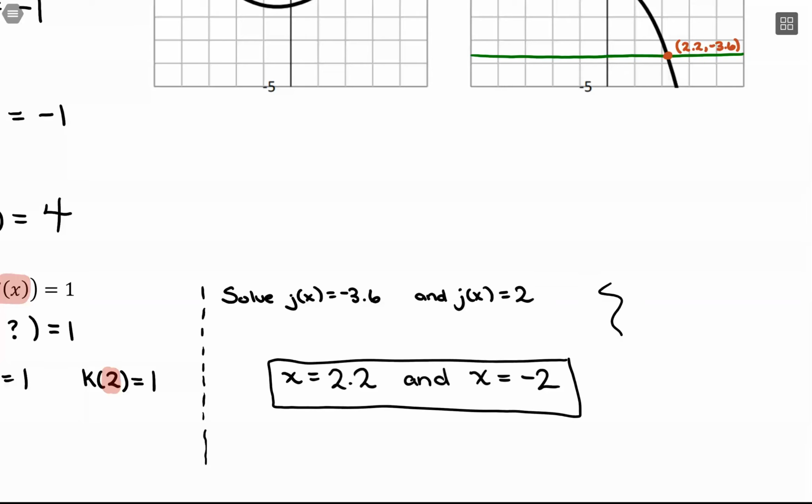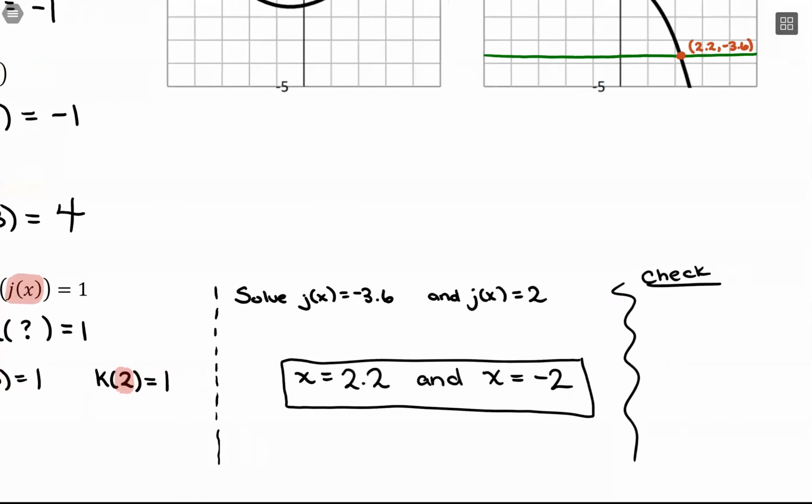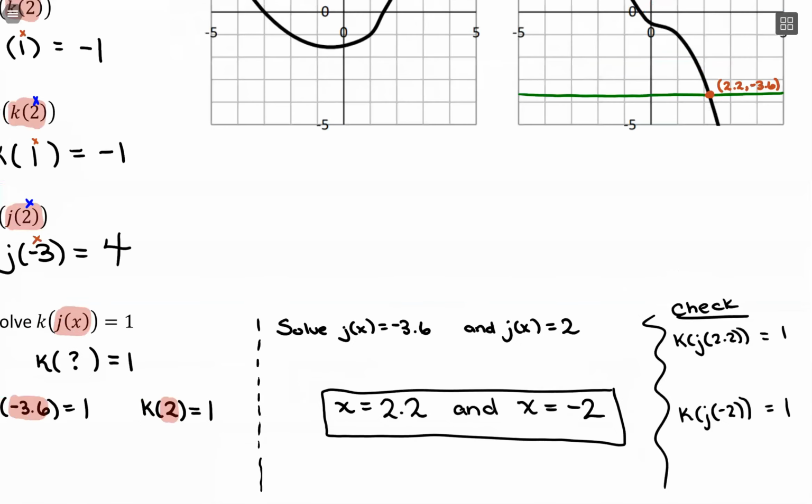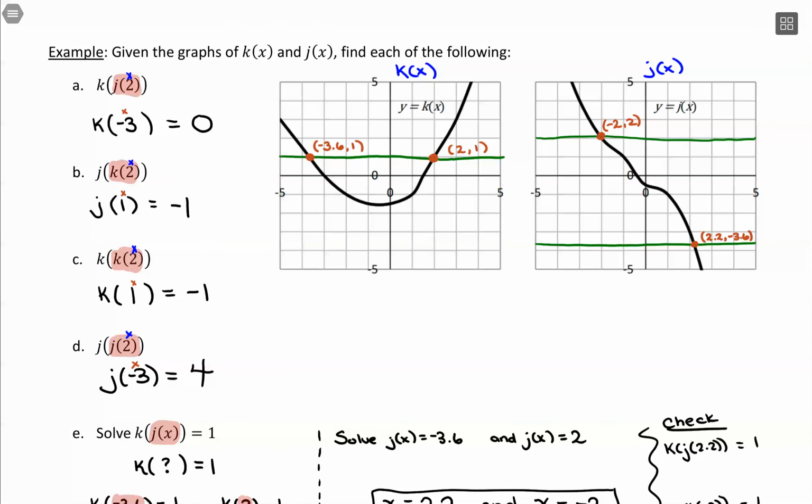Just as a reminder, if you're unsure, you can always check this by looking at the composite function. What happens when we take k of j of 2.2? What happens when we take k of j of negative 2? The output should be positive 1 for both of them. So that's solving the equations using the graph.